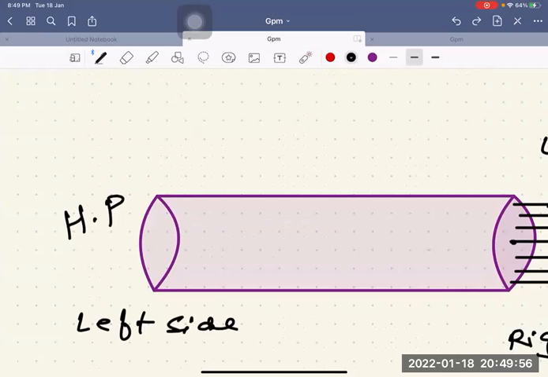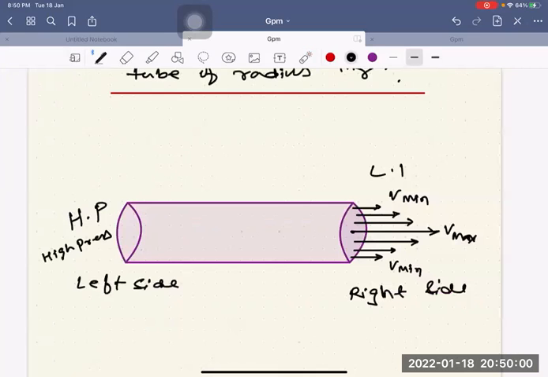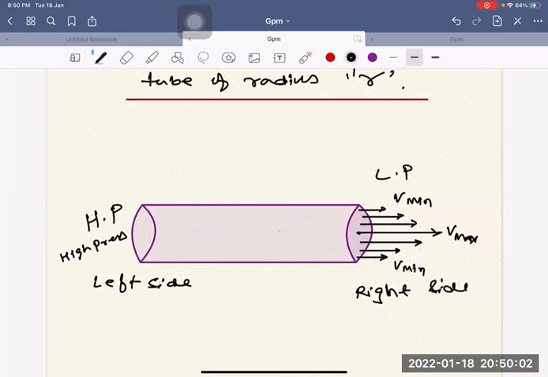HP means obviously the high pressure. LP means the low pressure. So there is a variation of pressure.